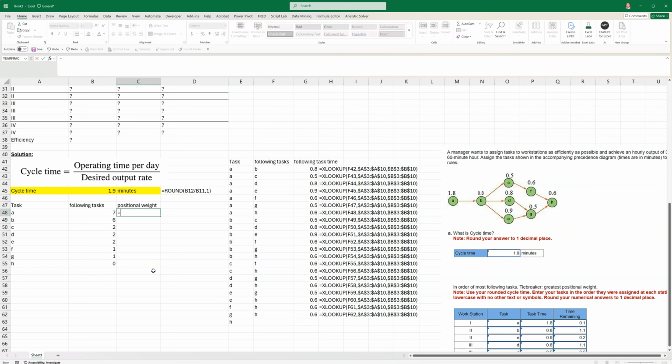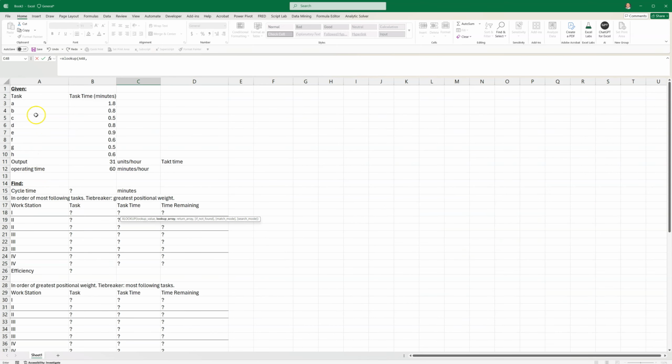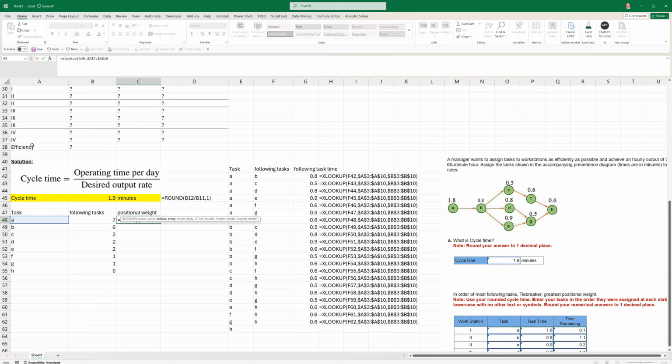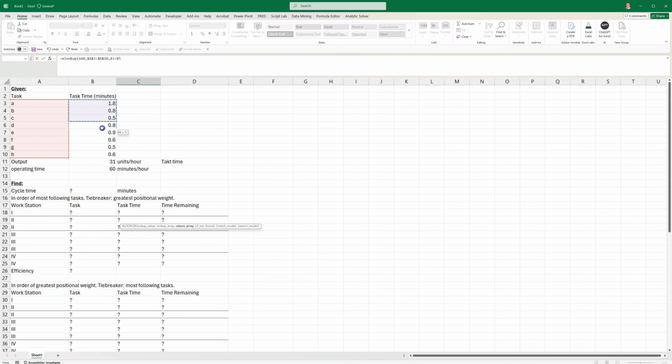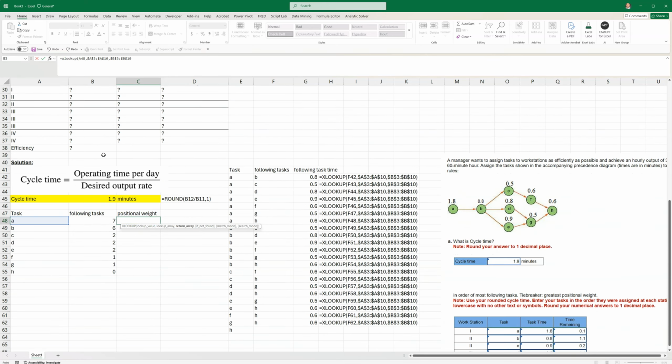So I say equals XLOOKUP. We want to look up this. And where do we want to look? We want to look it up right here. I'm going to F4 that, because I'm going to copy it down. And then we want to return its weight. So I'm going to F4 that again.